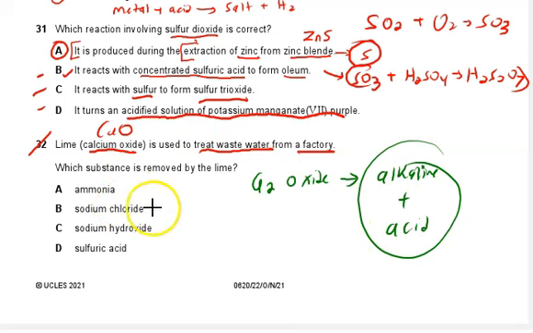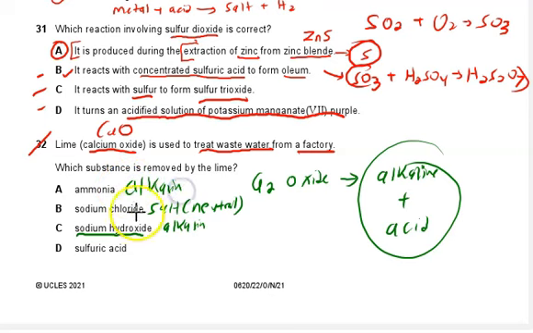So here, this is salt. The salt is neutral. And here is alkaline. So alkaline won't react with alkaline. This is also an alkaline. Now sulfuric acid, so this is the best answer here. Alkaline will react with acid to neutralize it.